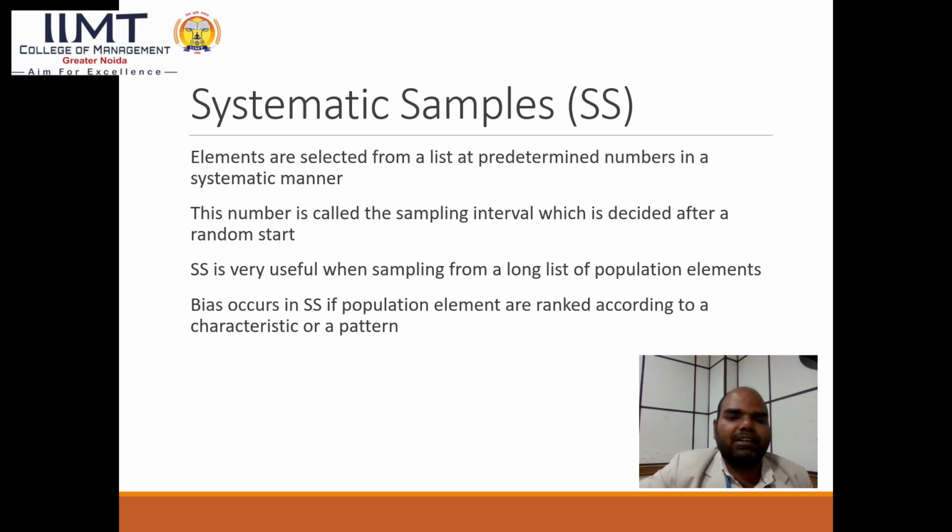This number is called the sampling interval, which is decided after a random start, simple random. Systematic sampling is very useful when sampling from a long list of population elements. Bias occurs in a systematic sample if population elements are ranked according to a characteristic or pattern. A systematic sample is very important in our research.